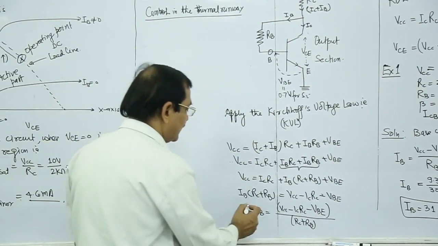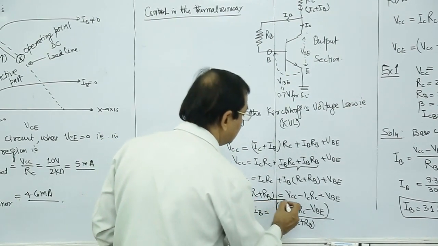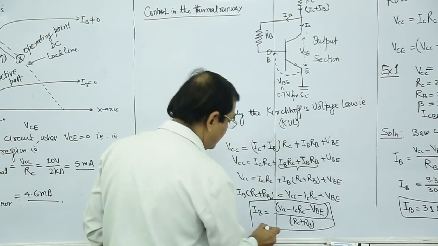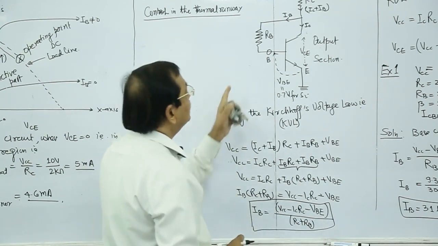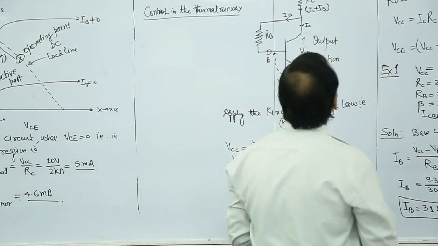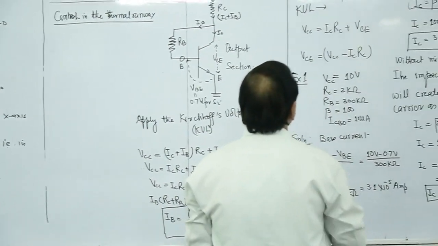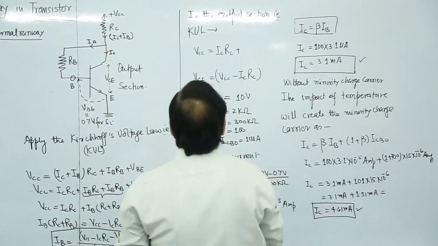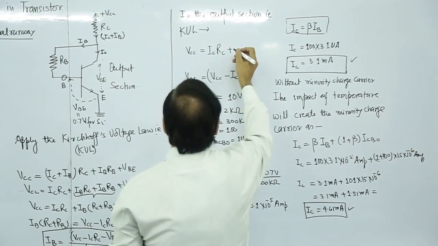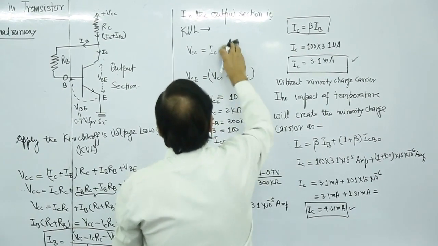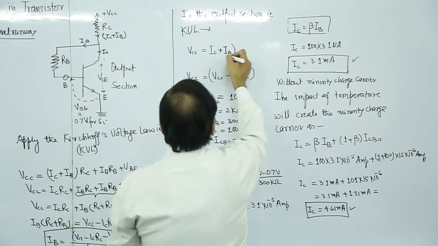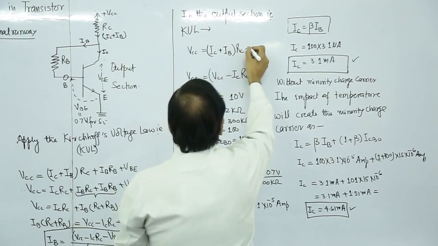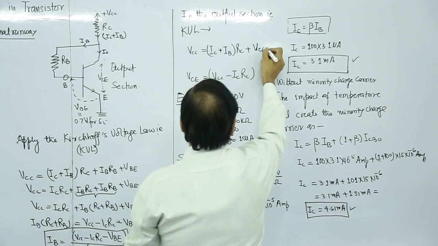So the base current is now given in this form, with the ICRC. And in the output section, we have ICRC plus VCE.